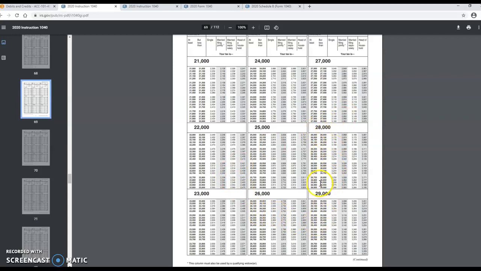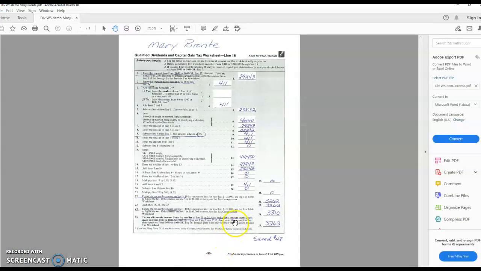We look at 28,800 to 28,850. That's where 28,832 will fit in. And we go to single, which is the first column. That's 3262. So that's where that 3262 came from.